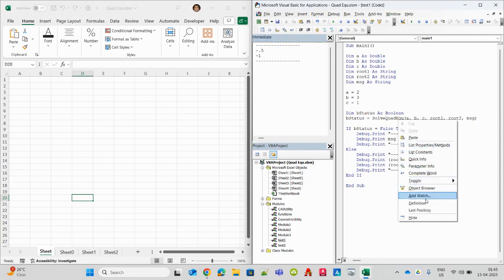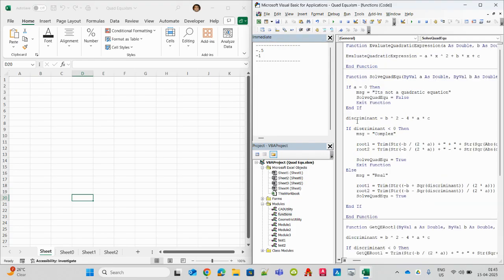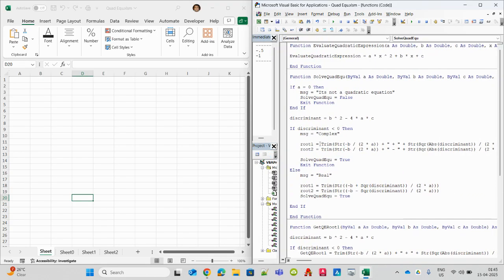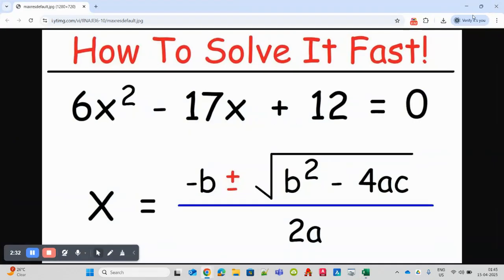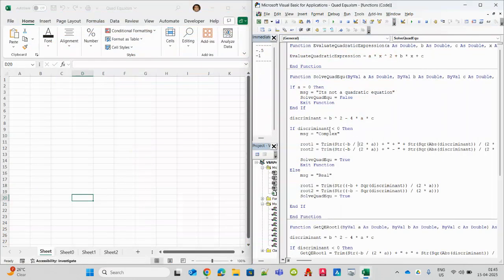If we look into this function, it is written considering this formula. Whatever is within the square root is called the discriminant, so the discriminant is calculated in this part.